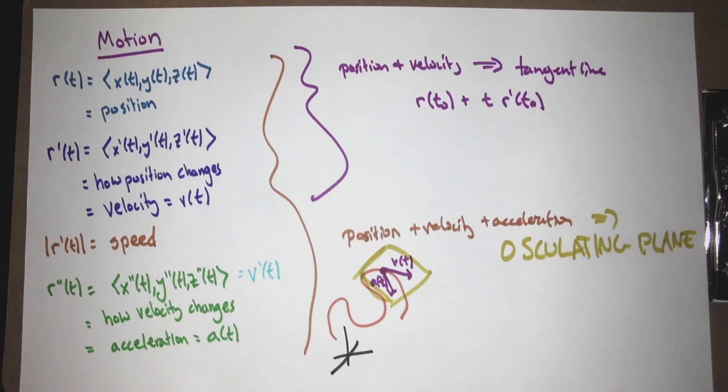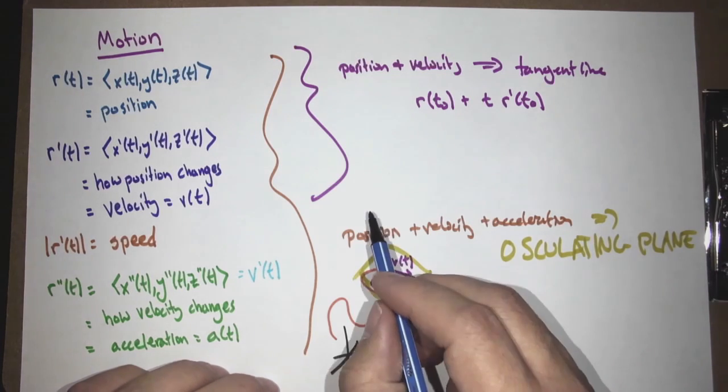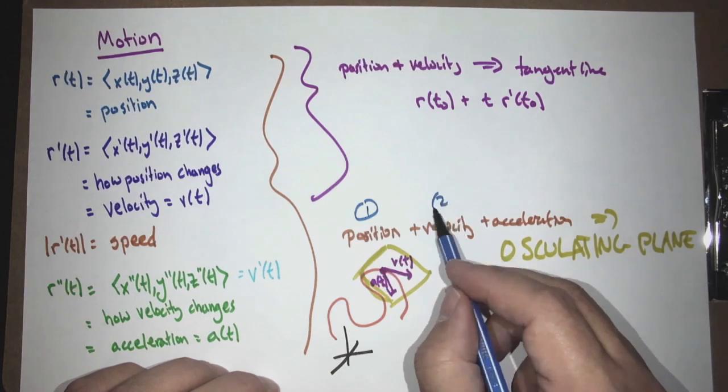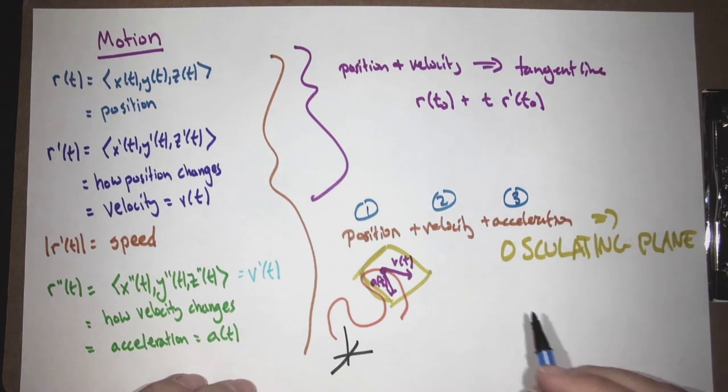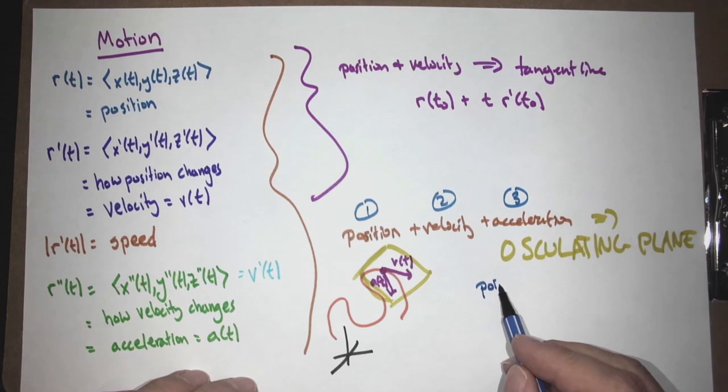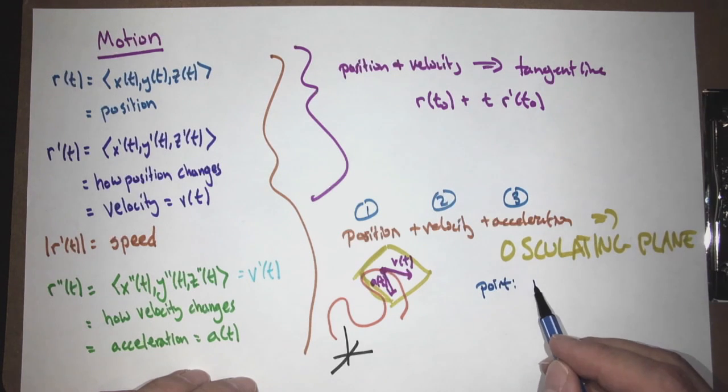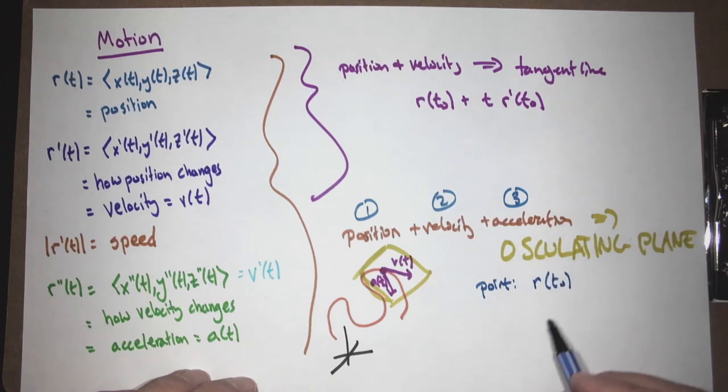All right. So what's the idea? The osculating plane incorporates the position, the velocity, and the acceleration. So how would we actually go about finding the osculating plane? Well, when you need a plane, what do you need? You need a point. So what's our point? Yeah, our position, our t0. And then we have the normal. So whenever you're after a plane, you're always like, I need my point and I need my normal vector.